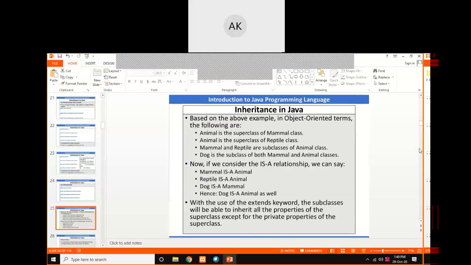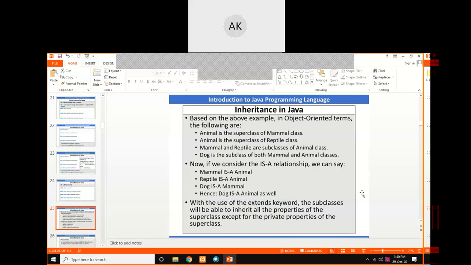Based on this example, we can conclude that animal is a superclass of the mammal class, and animal is a superclass of the reptile class. Mammal and reptile are subclasses of the animal class. Mammal is an animal, reptile is an animal, and hence dog is an animal as well. Dog is a mammal as well as an animal. That means dog can acquire the properties of mammal and also the properties of animal.